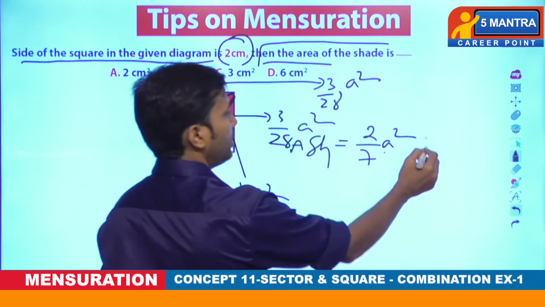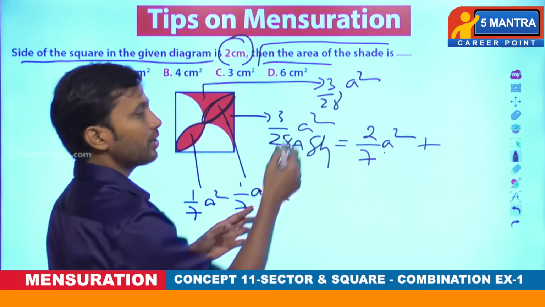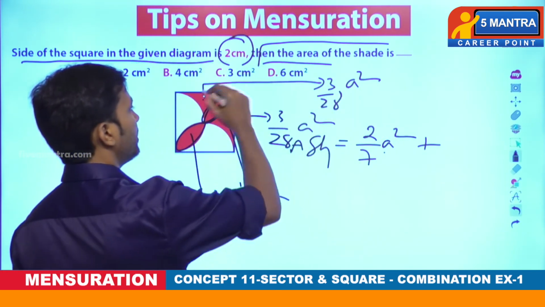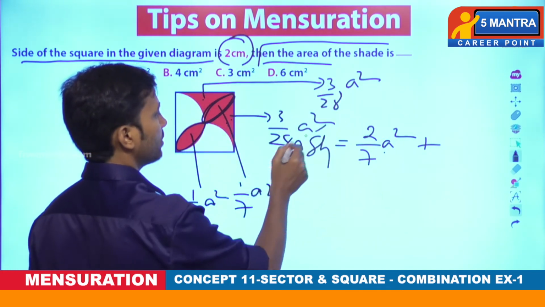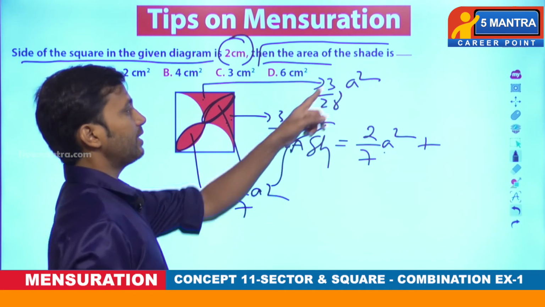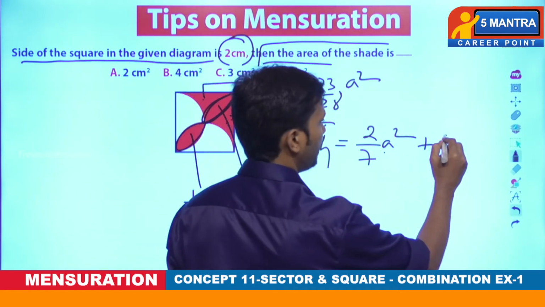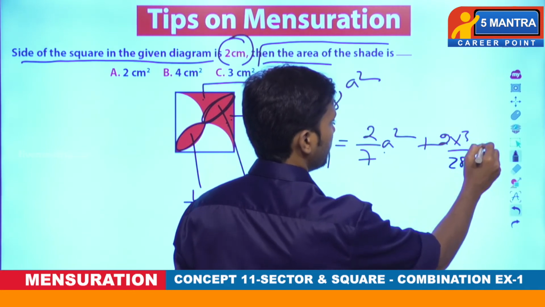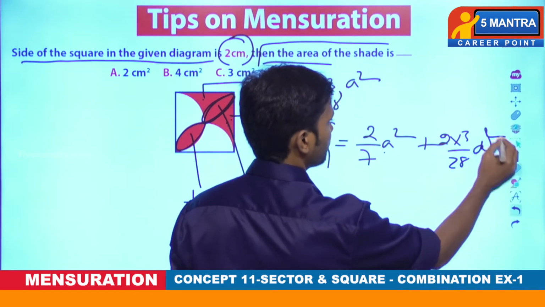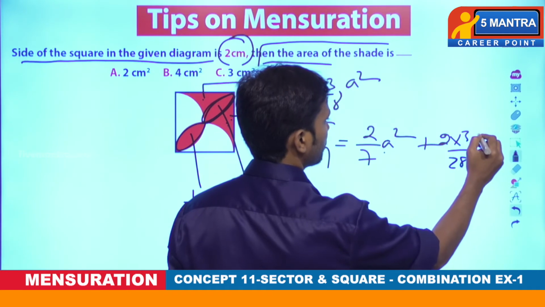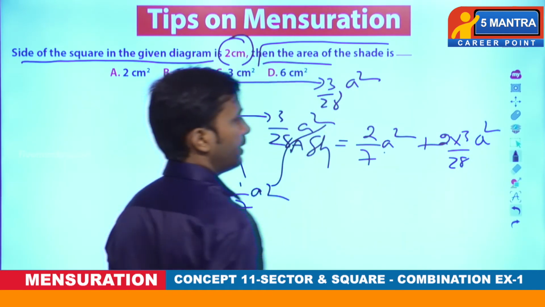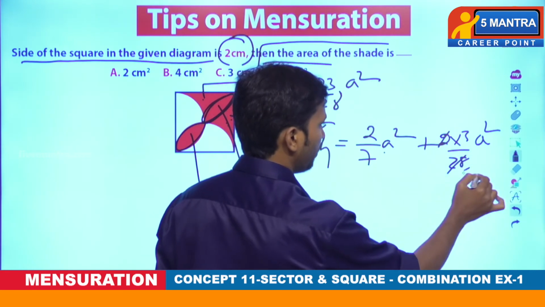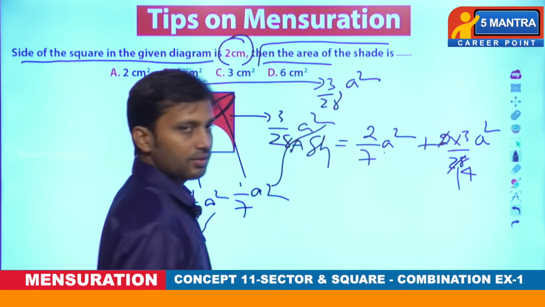And here 3 by 28 a square also came 2 times. So 3 by 28 a square, 3 by 28 a square, that would be 2 into 3 by 28 a square. Now on simplifying, this is 3 by 14 a square.